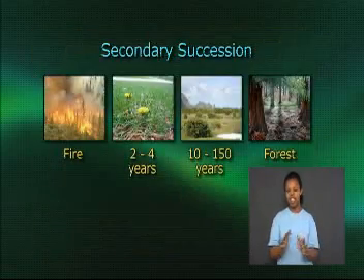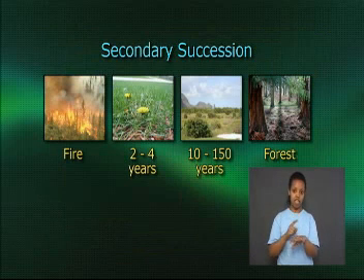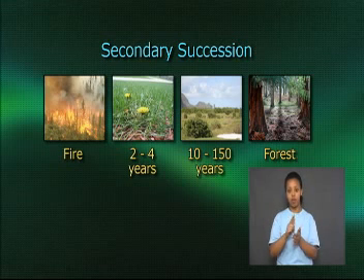When succession occurs on an area that has been changed or altered, such as land that has been farmed or damaged due to a forest fire, it is called secondary succession.